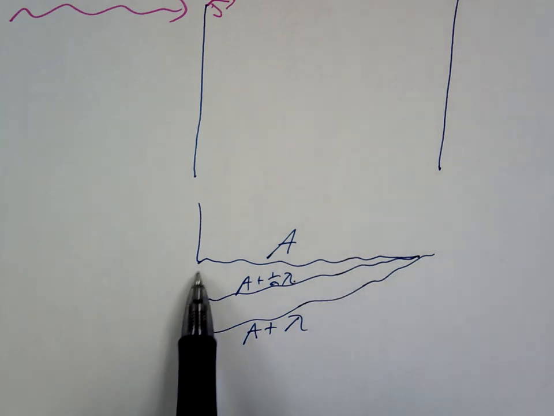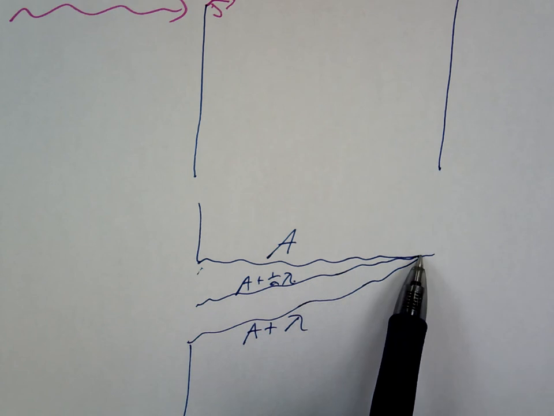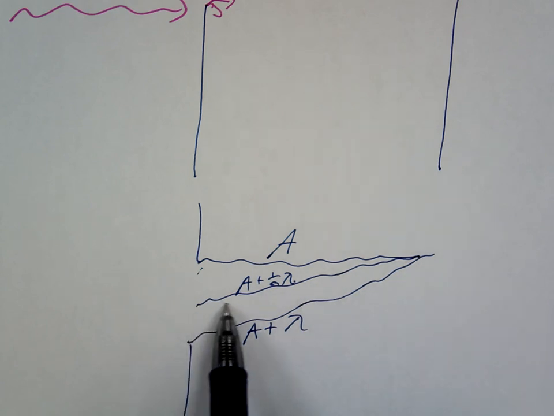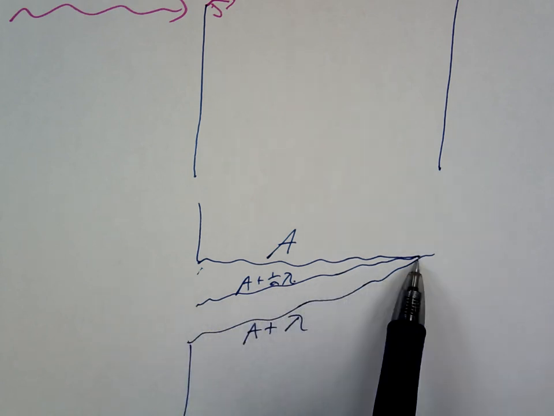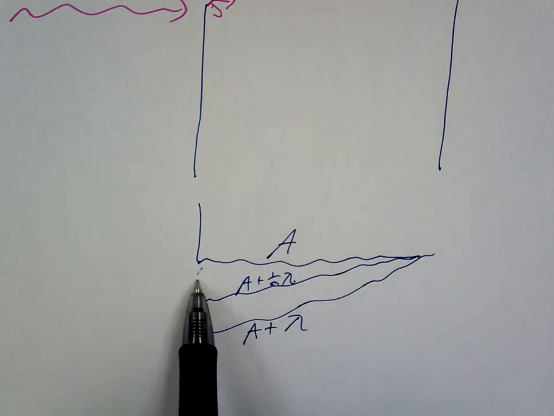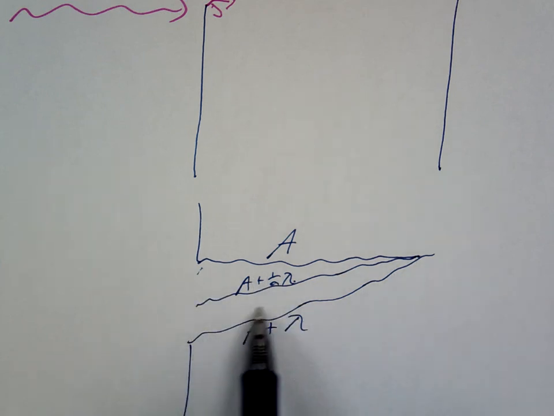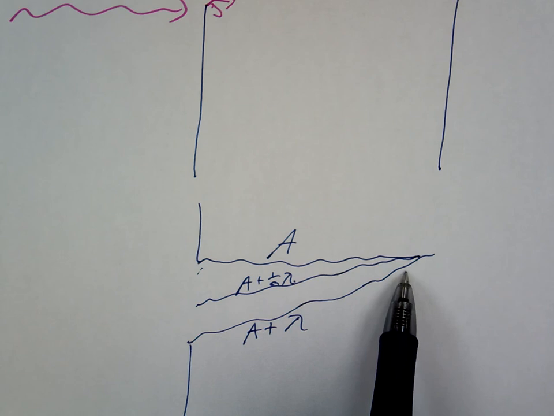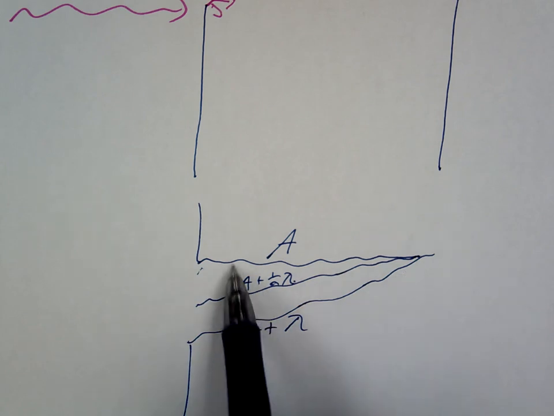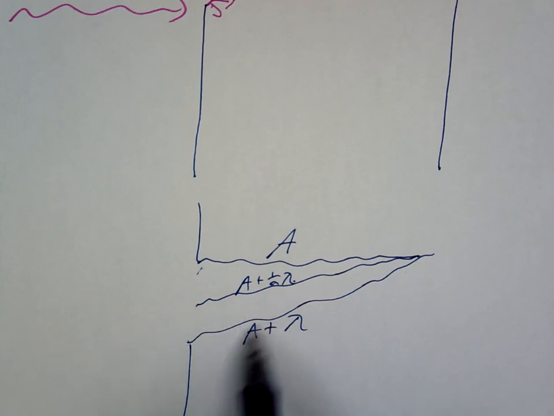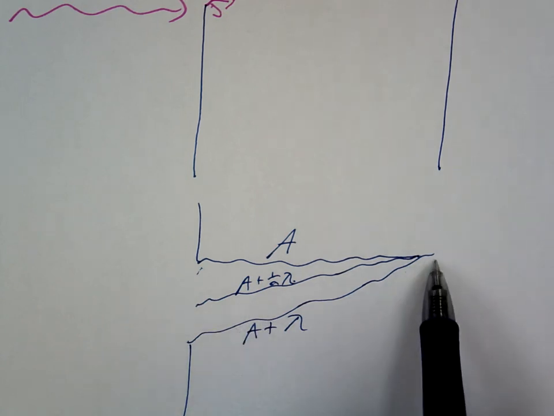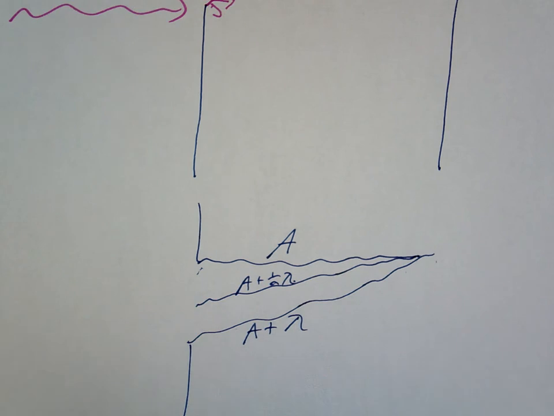What about a teeny bit farther than A and a teeny bit farther than A plus a half? It's going to cancel. So the first half of this is essentially going to cancel with the second half of this. What should you expect over here? A dark spot.